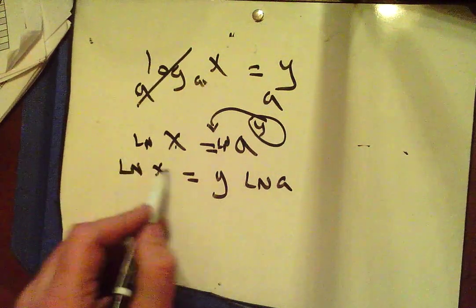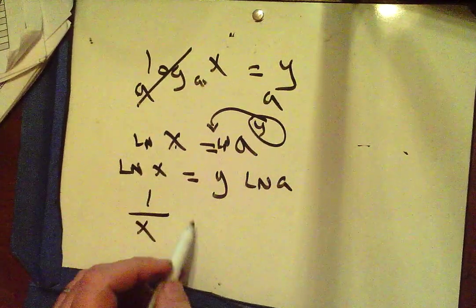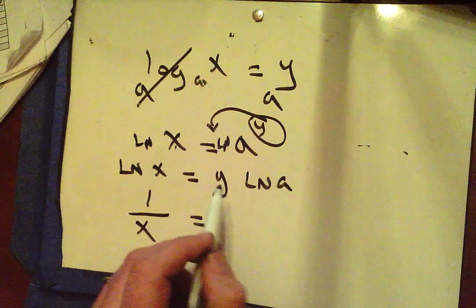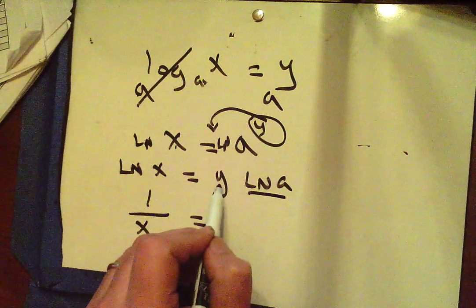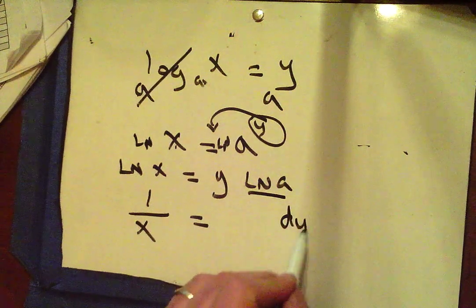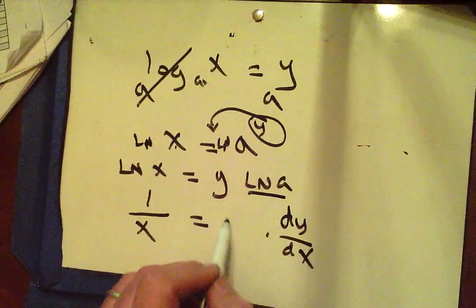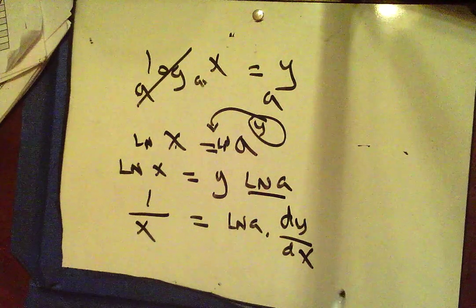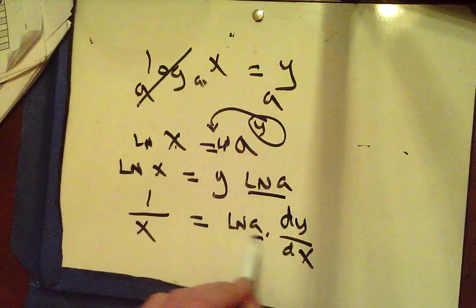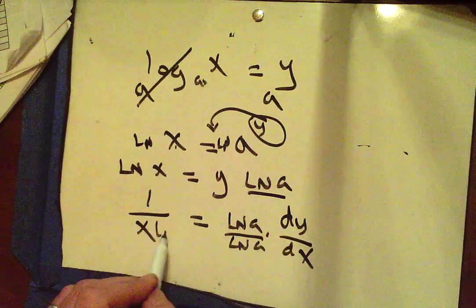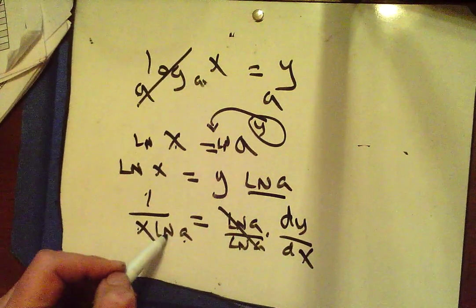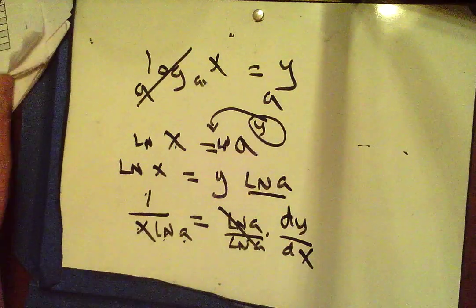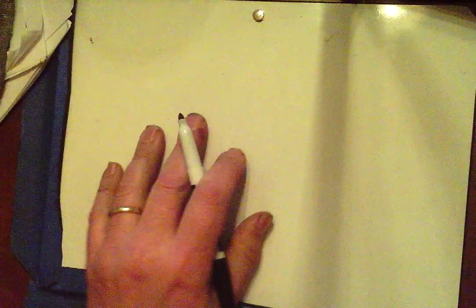But instead, I'm going to say the derivative here is 1 over x, and here we've got a constant times this. The derivative of this with respect to x is called dy dx times that constant. But I want dy dx alone, so I have to divide both sides by ln of a. And so dy dx equals 1 over x ln of a. See, I get to the same place, I just don't feel as good about that.